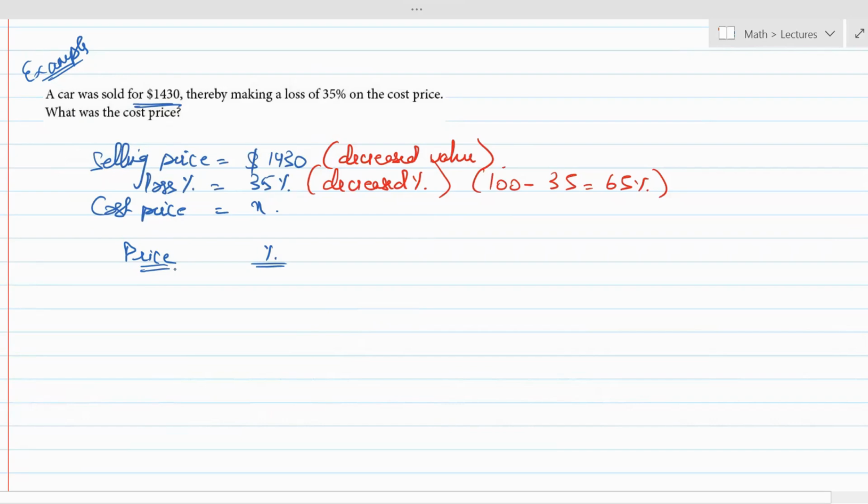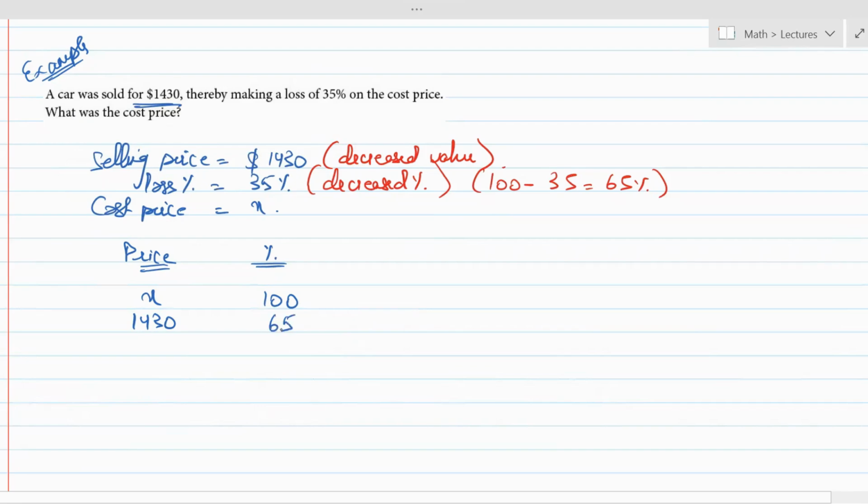The first row of values is always the original, so the original price we need to find is against 100, and this 1430 is the selling price for us, and this selling price is 65% of the actual cost price. So selling price 1430 should be written in front of 65.